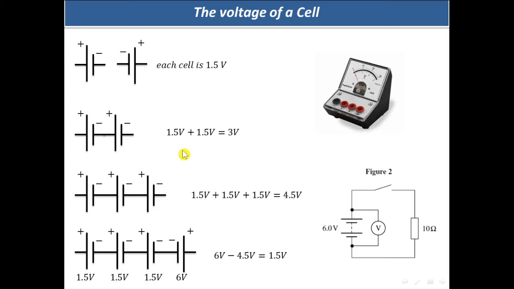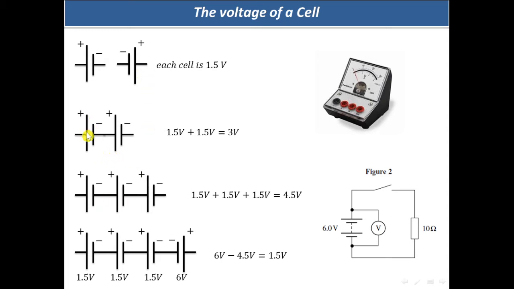So the corresponding ends are not connected together. When the corresponding ends are not connected together, it is called a series connection and not parallel. In parallel, this end is connected to this end, and this end is connected to this end, so the corresponding ends are connected together. We call it a parallel connection. But when they are connected in this way, they are a series connection.